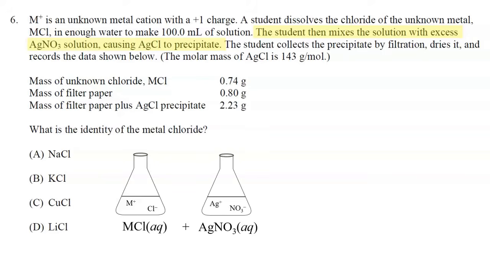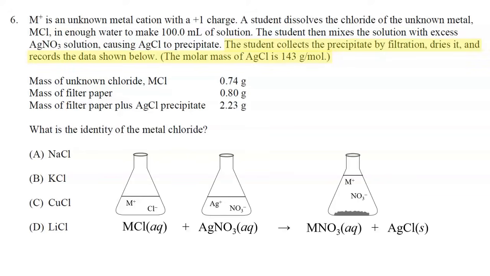So we have two solutions that are being combined, the MCl and the AgNO3. And when that happens, we get this precipitate of AgCl, and I'm showing a little solid on the bottom of that flask. So in the solution are still the ions of M+ and NO3-, and at the bottom of the flask is a solid precipitate of AgCl.